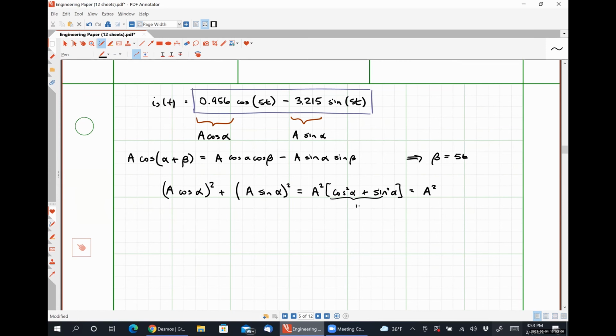So if we're okay with applying that identity, cosine squared plus sine squared is equal to 1, then that means that our magnitude A is the square root of 0.956 squared plus 3.215 squared.